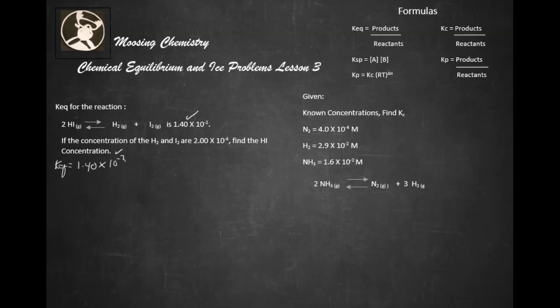We also know that H2 is equal to 2.00 times 10 to the negative 4. We also know that I2 has the same value, which is 2.00 times 10 to the negative 4.